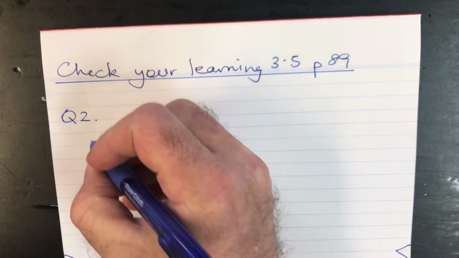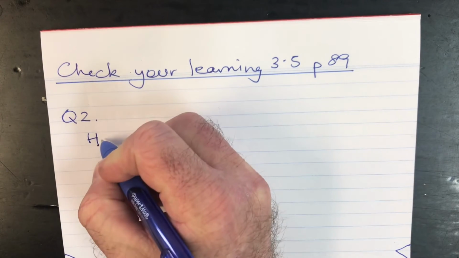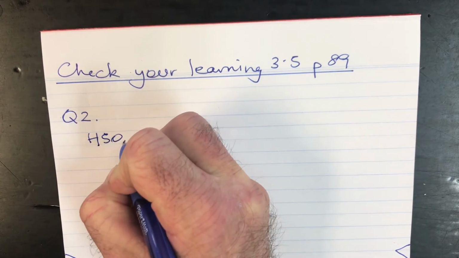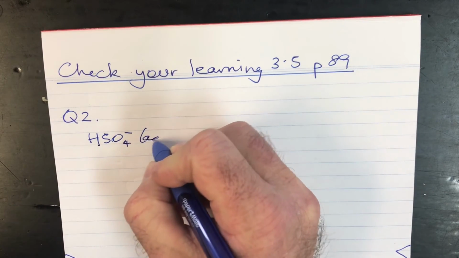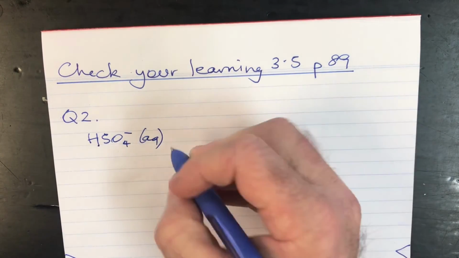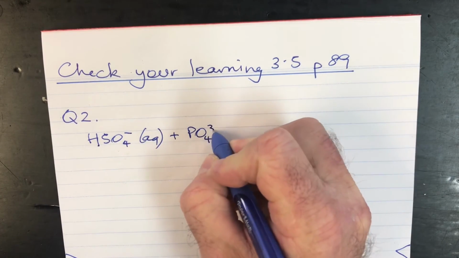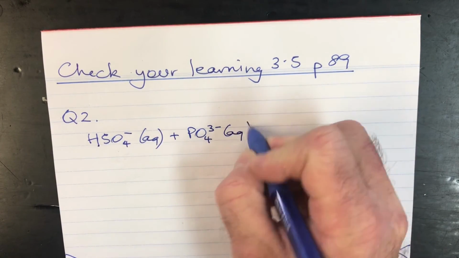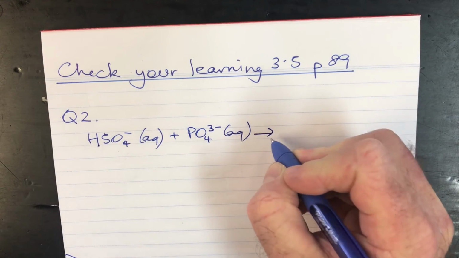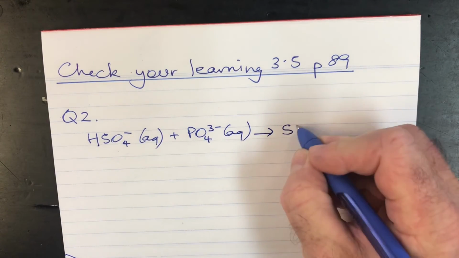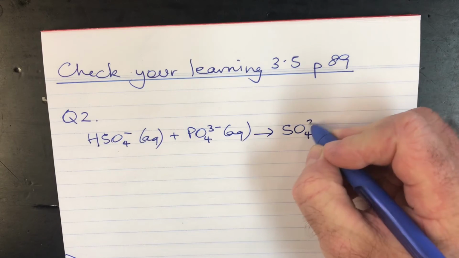So they're giving us HSO4-, which is hydrogen sulfate, and that reacts with a phosphate ion, and that reacts to produce the sulfate ion.